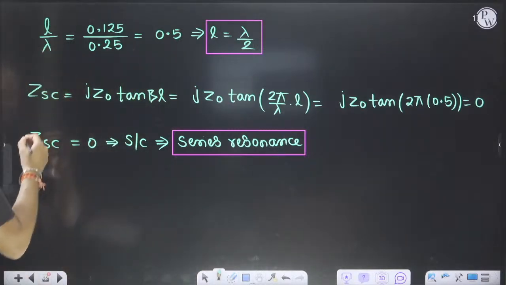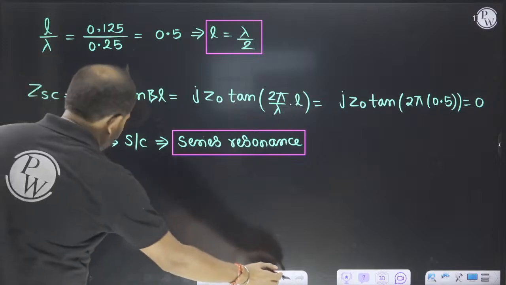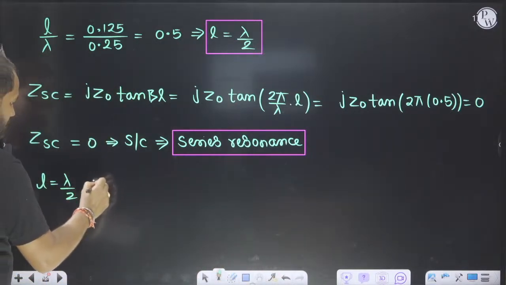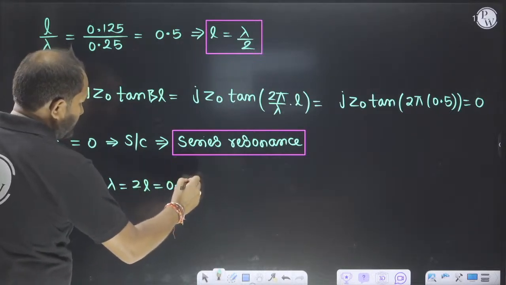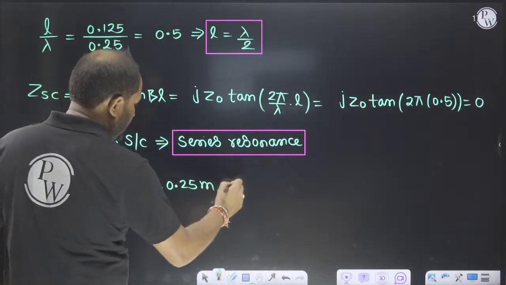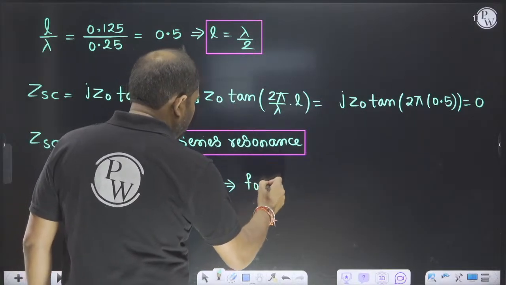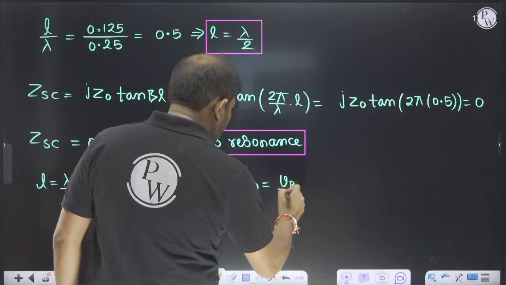Second thing, the frequency. The length is lambda by 2, so lambda is 2L, which is 0.25 meter. So F0 is equal to Vp upon lambda.